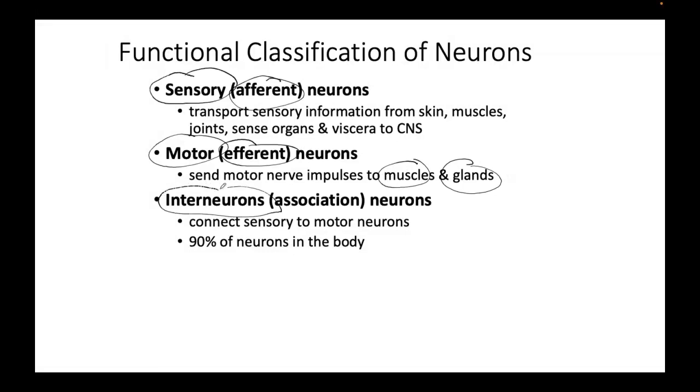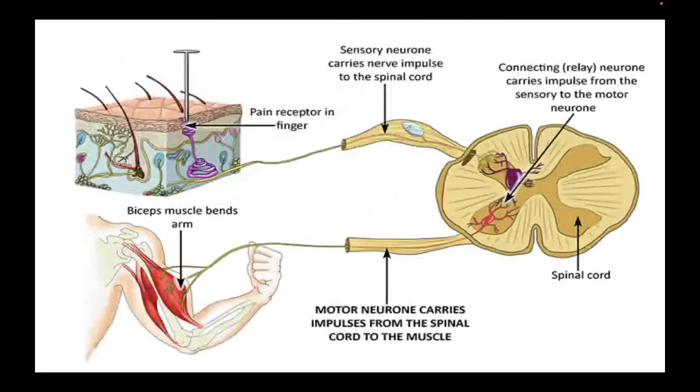An interneuron or an association neuron is going to be the relay between the sensory and the motor, right? There has to be some sort of connection between the sensory and the motor, and that's what the interneuron or the association neuron is. So when we look here at this nail hitting your skin, ouch, right? There has to be a receptor for pain.